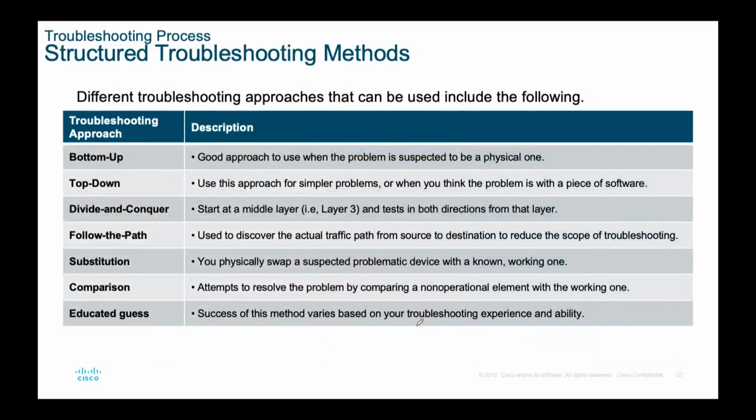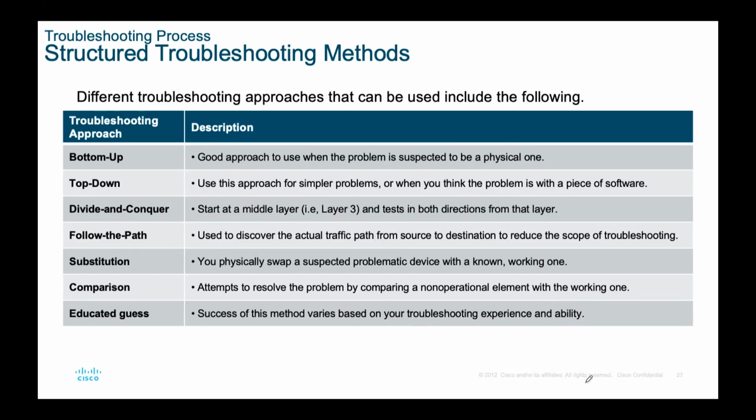Structured troubleshooting methods. Different troubleshooting approaches that can be used include the following. First, bottom up: a good approach to use when the problem is suspected to be a physical one.